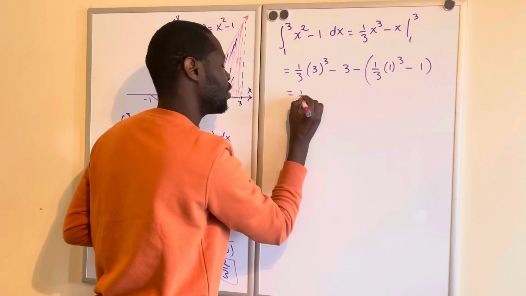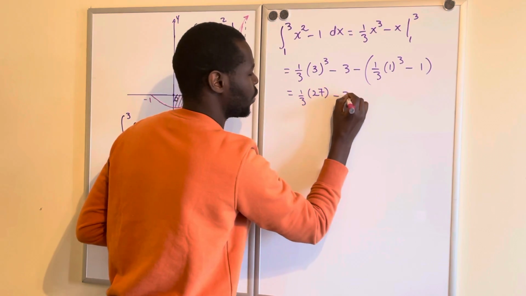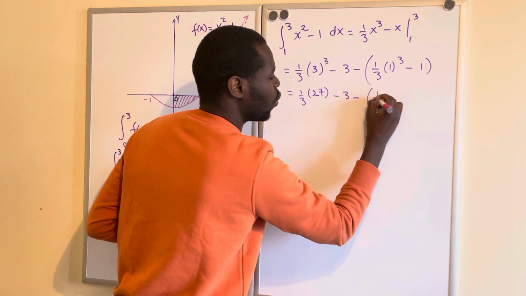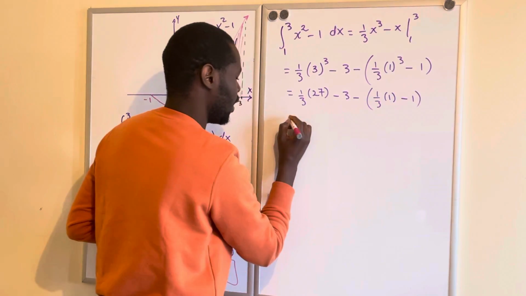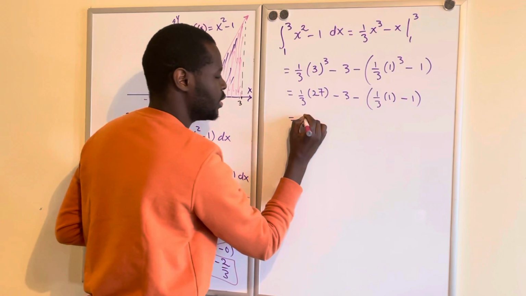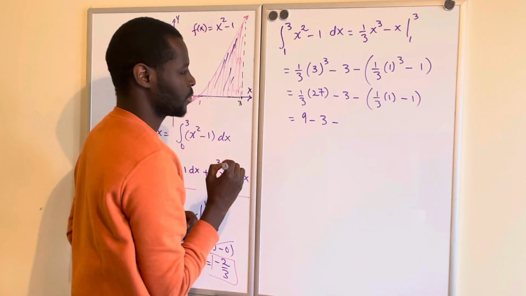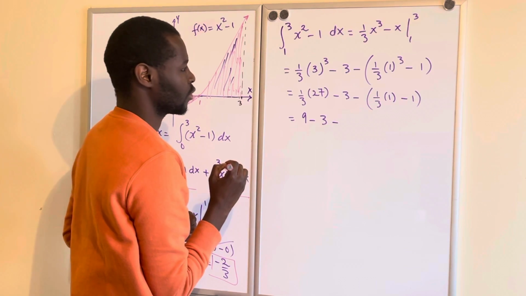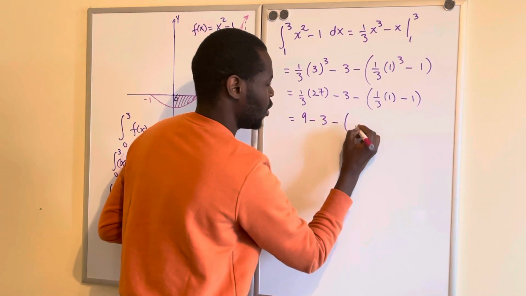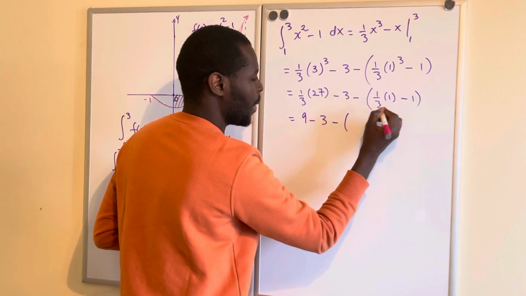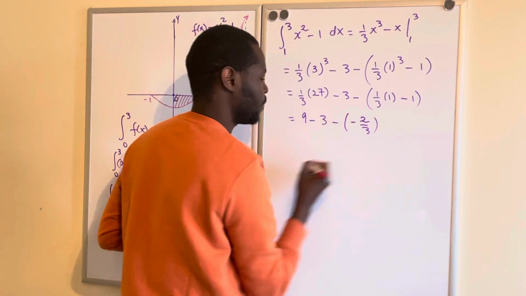So this equals 1/3 times 3 cubed, which is 27, minus 3, minus 1/3 times 1 cubed, which is 1, minus 1. And this equals 27 divided by 3 is 9, minus 3, minus 1/3 minus 1, which is negative 2/3.